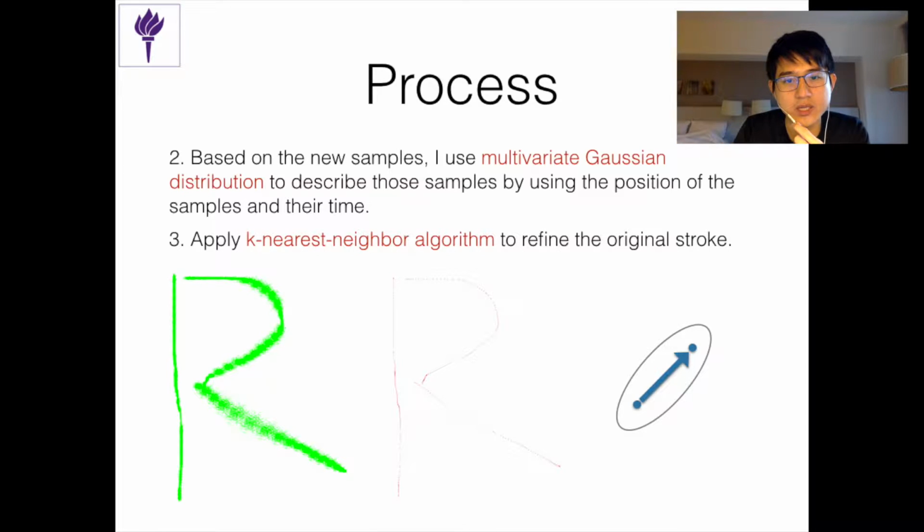Once I have this multivariate Gaussian distribution, on the left hand side you can see a lot of green dots, right? So I do the resampling, and then after the resampling I will use k-nearest neighbor to refine my original stroke's position.